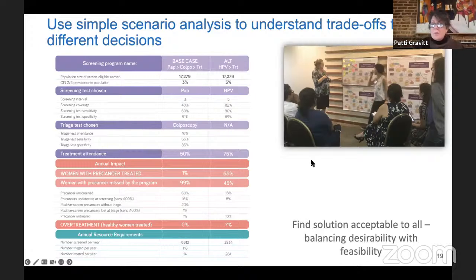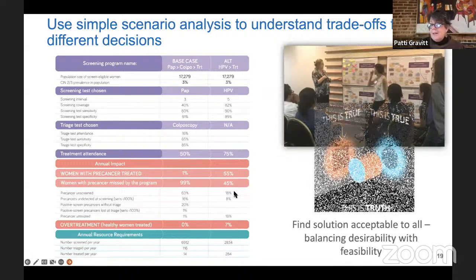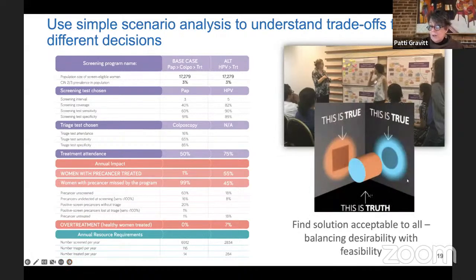The idea was to have the stakeholders in the program do their own walkthroughs of different scenarios to see what the impact would be in terms of how many precancers were treated, how many might have been overtreated, and what kind of resources would be required to deliver that program, with the idea that you want to find a solution that's acceptable to all, balancing desirability with feasibility.